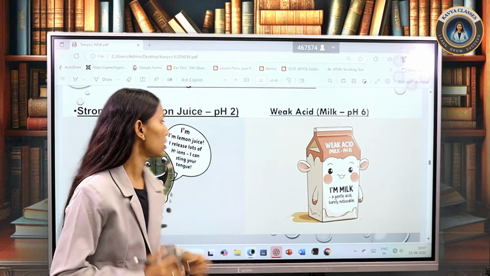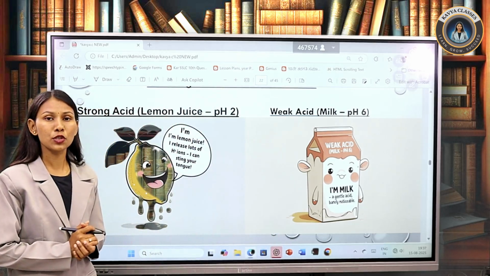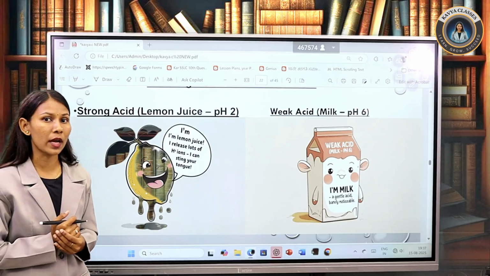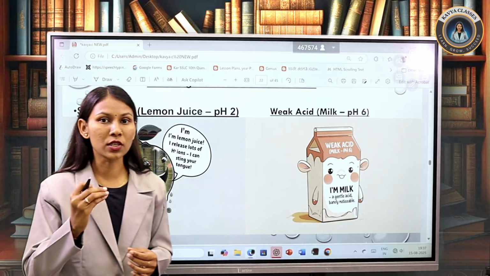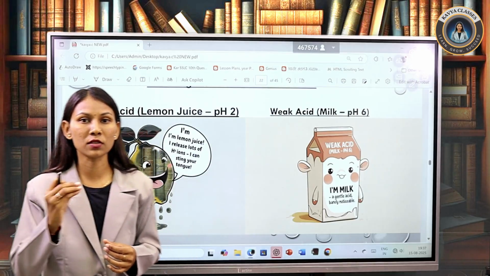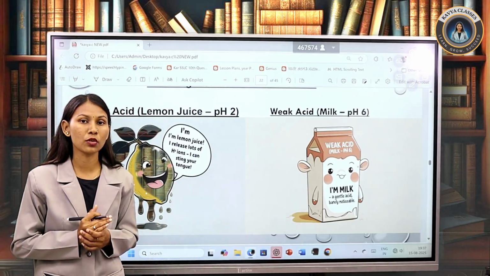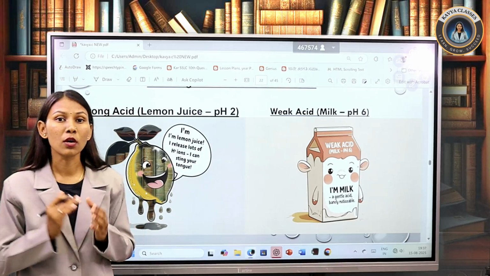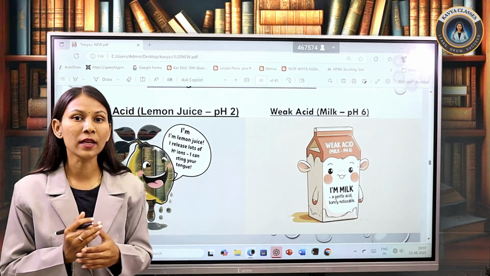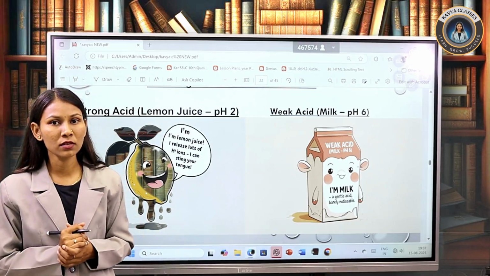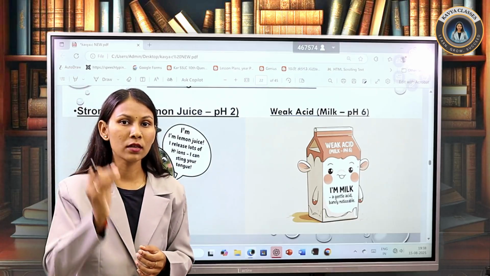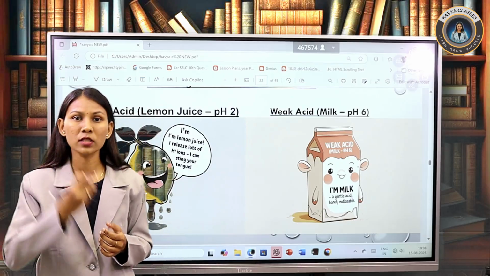First, lemon juice is considered a strong acid. Why? Because it has a pH of 2. The concentration of hydrogen ions is large, which is why it is acidic in nature. How do we know it is acidic? Take a piece of lemon and squeeze it on your tongue.